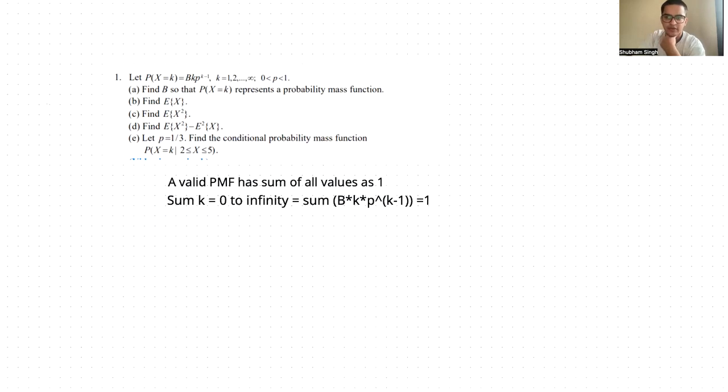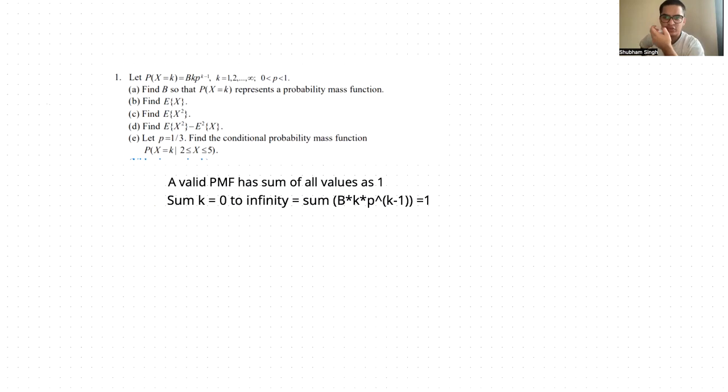One intuition for that is that the value b is generally the reciprocal of whatever value all the other variables or constants in the equation make, and the reason for that is the summation of the entire thing is 1.